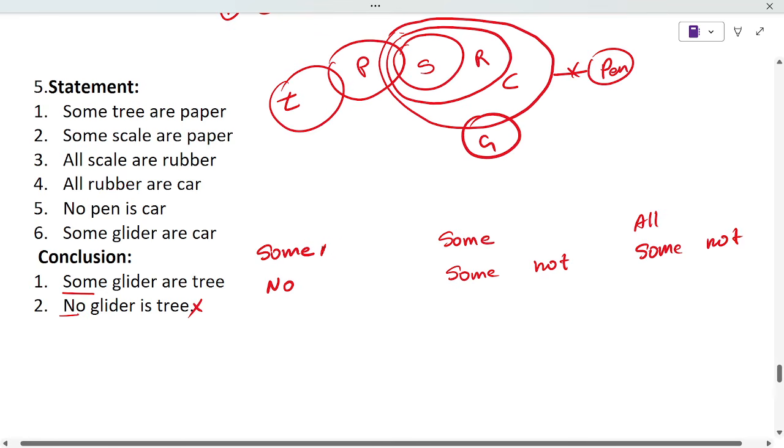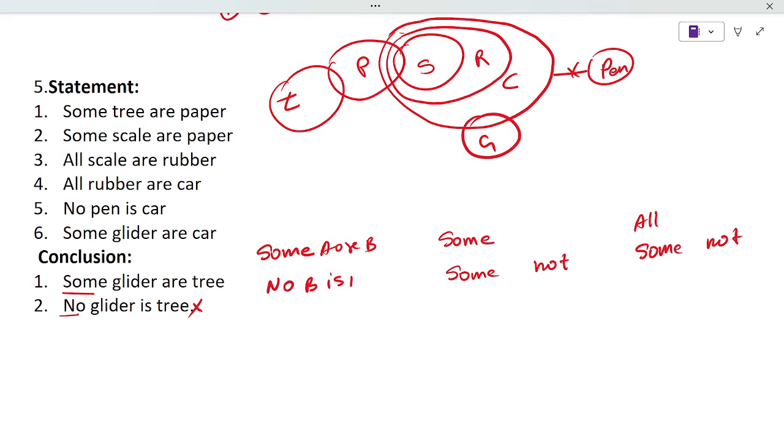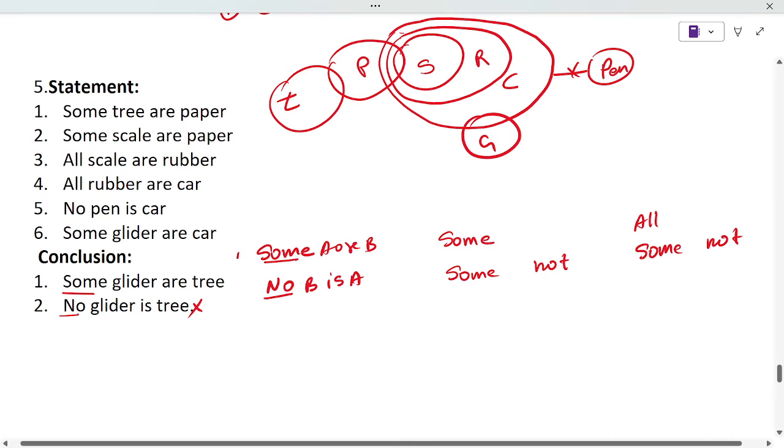If some A are B, no B is A are respectively the negative. That's it. If some A are B, then some A are not B. All A are B, all A are not B. So some and no are partners, and some and some not are partners.